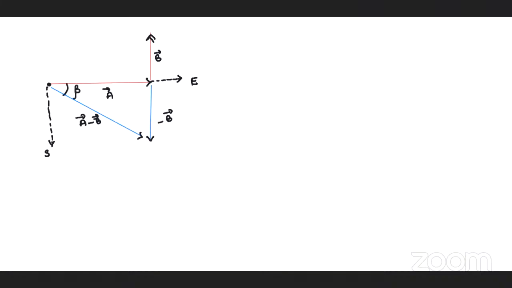That beta here we write. Tan beta equals, again from the right angle triangle, its magnitude is 10. Even mod b bar magnitude is 20. So tan beta equals 20 by 10, that is 2. So beta equals tan inverse 2, but it is in the direction of south and east. So how do we write this angle?